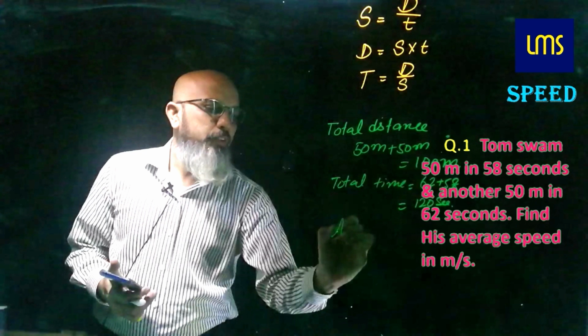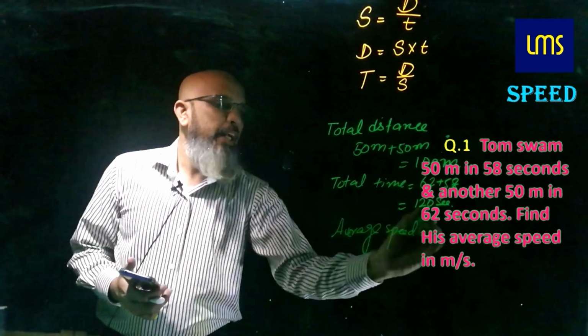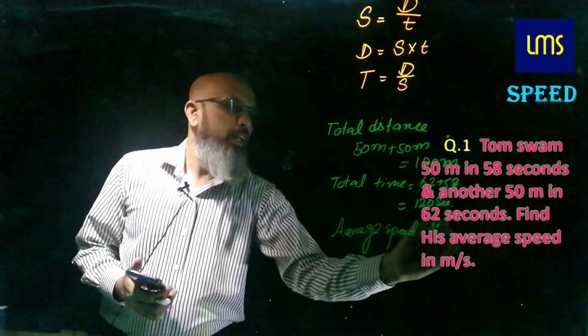So you can write here average speed. What is the total distance? That is 100 meters. And what is the total time? That is 120 seconds. So you can simplify it. 0 cuts with 0, and in the table of 2, that is 5, that is 6.